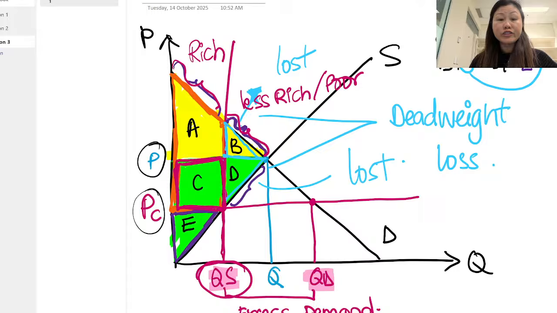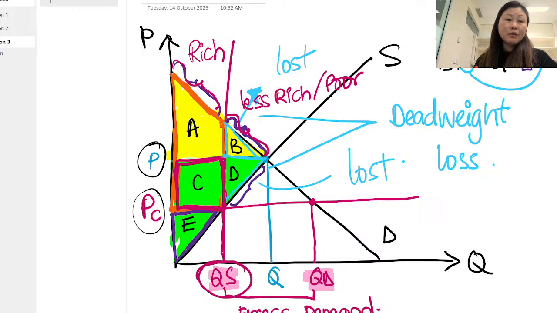Therefore, the rich get more surplus, and the poor renters are the ones left out of the market. Really wasn't what the government anticipated.